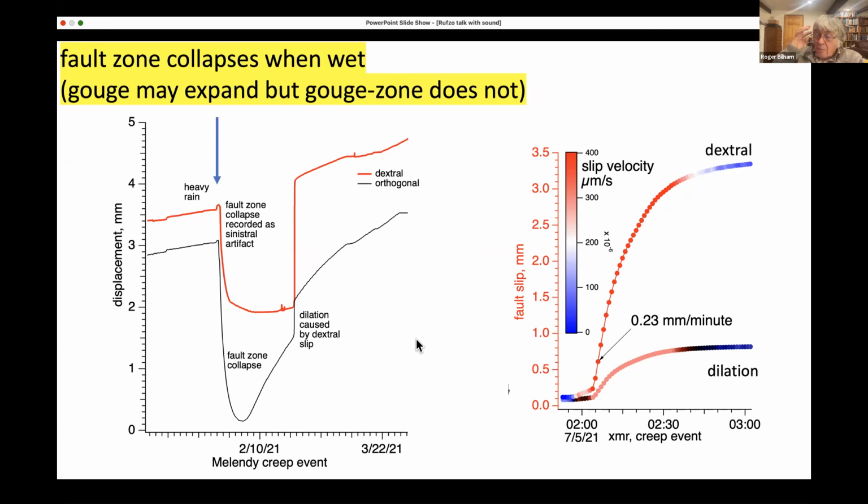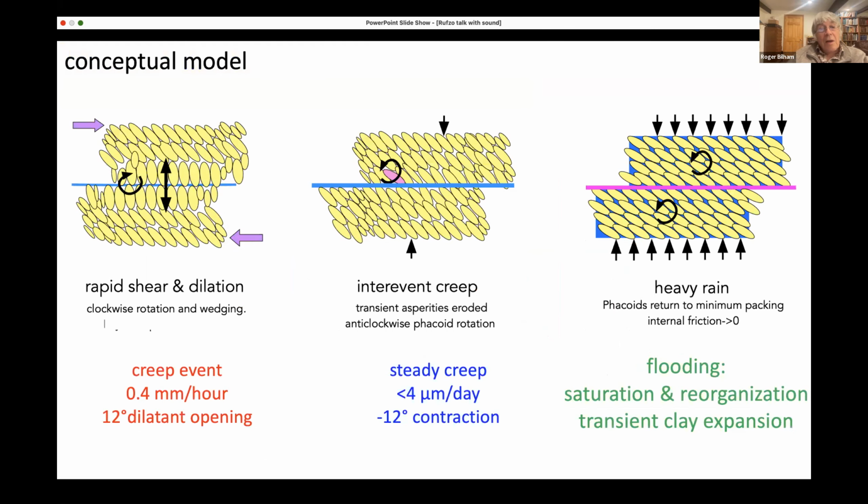The gouge, the different clays in the fault zone, are clearly expanding, but what's happening is there's some readjustment in the fault zone that's occurring during heavy rain. We have a kind of model for explaining this. Essentially, we're imagining the fault to be foliated. There's a lot of evidence that all faults that are creeping are in fact foliated.